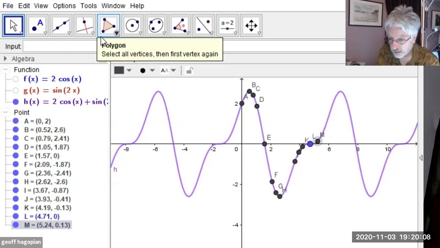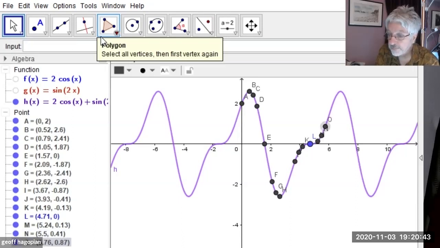And then 7 pi over 4, comma, h of 7 pi over 4. There's that point. We're almost home, folks. So 11 pi over 6, almost 2 pi, right? Comma, h of 11 pi over 6. That point.